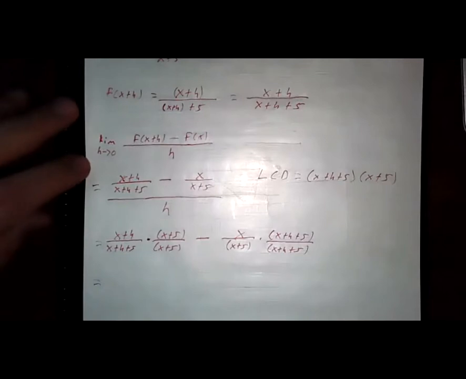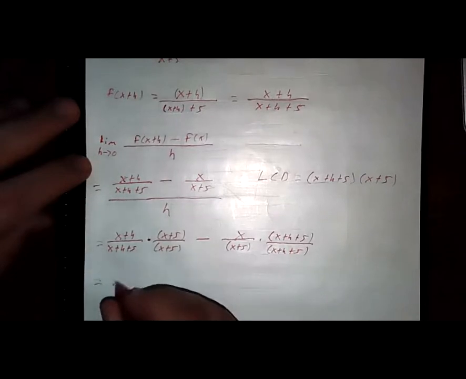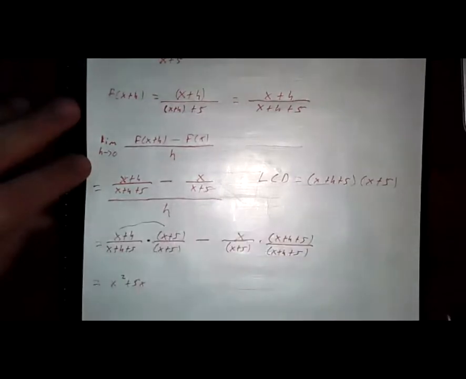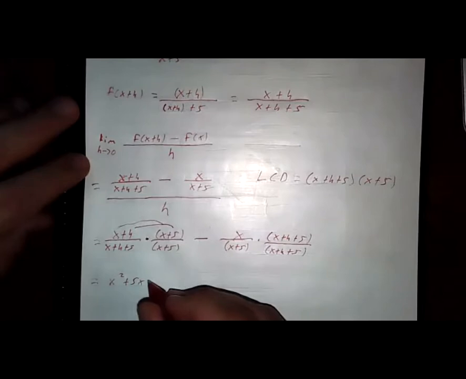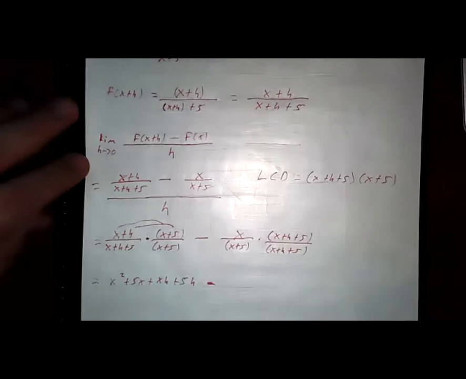All right, so just multiply it out, and then we can combine. So the top will be a FOIL, right? A distribution, so x times both these parts, h times both of them. So I'm going to get x squared plus 5x. If I multiply the x on both, and then multiply the h on both, you get plus xh plus 5h minus, right?